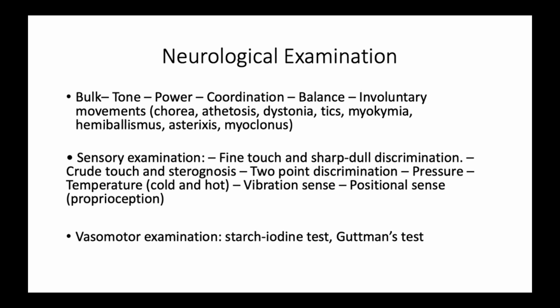In sensory examination, look for fine touch, crude touch, 2-point discrimination, pressure, temperature, vibration, and positional sense. For the sake of completion, I have added the vasomotor examination that we do not routinely perform, but that includes the starch iodine test and the Guttmann test.